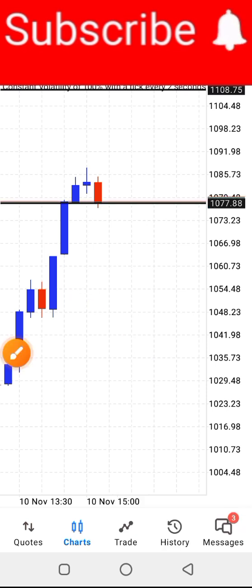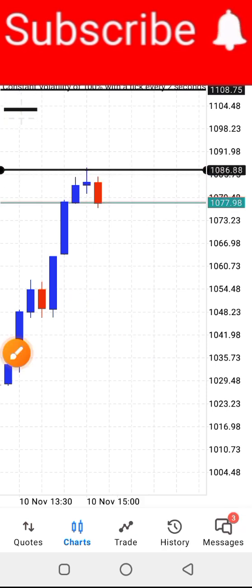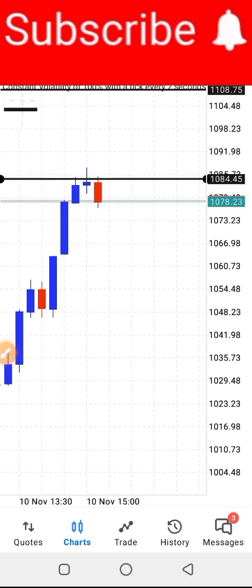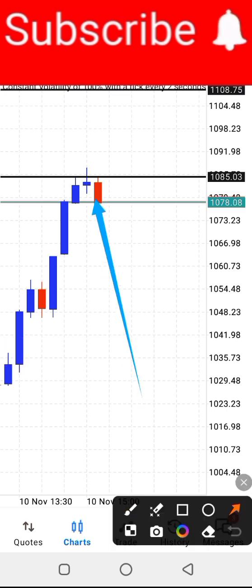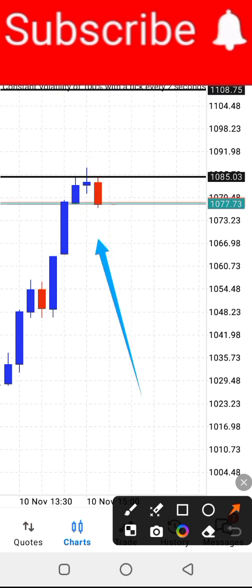Let me place a horizontal line above the high of the previous bullish candle. So you can see it's only wicked above it. This candle wicked above it, then came back to close within the range, so it did not close above it. And this is a big sign that something is about to happen, either a full-blown reversal or a pullback.